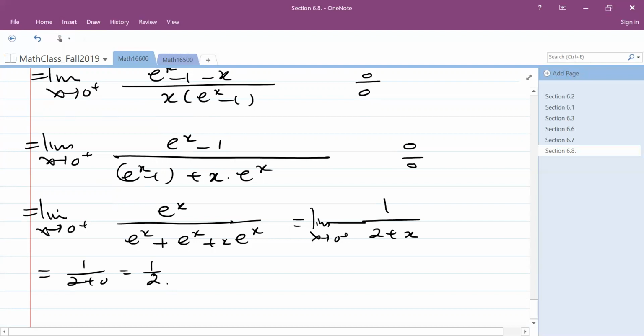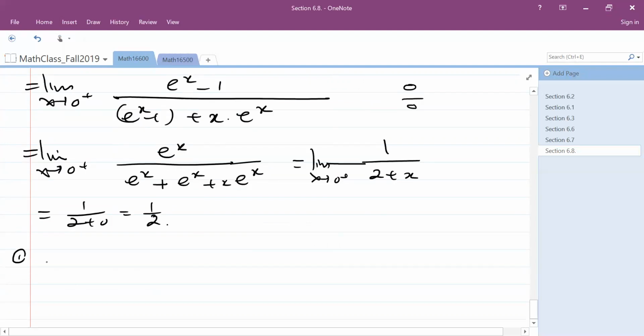Right? Now, how about this? Every problem is new here. This is going to be x over natural log, right? I cannot combine them into one quotient. But this natural log, yeah, I cannot combine them, right?